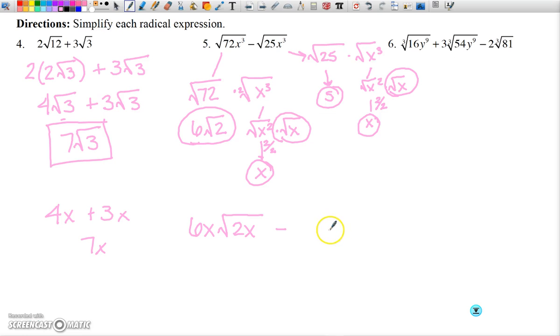So in this problem right here, we get 5x times the square root of x. All right, now as you're looking at these, our square roots do not match. This one is 2x and this one is x, and so this is your answer. You're done. You cannot go any further than that right there.